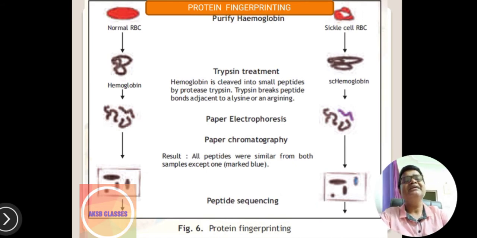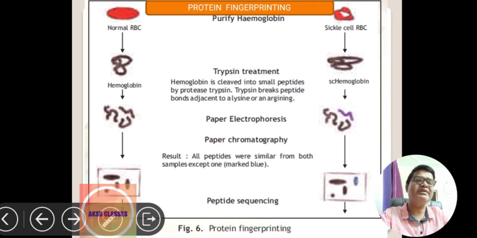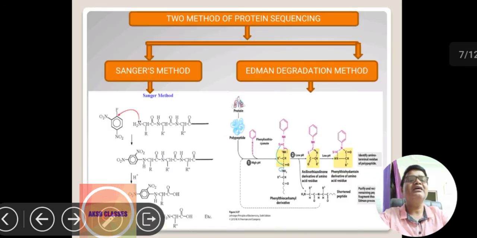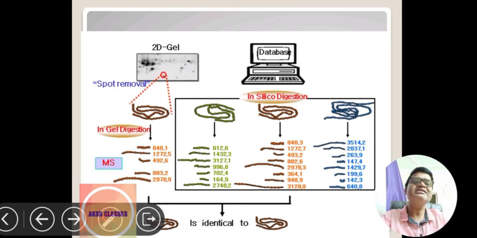Next technique, that one is the last one, through which we will find whether the protein is present in any compound. I have already discussed these things, that we again proceed with the specific spot.